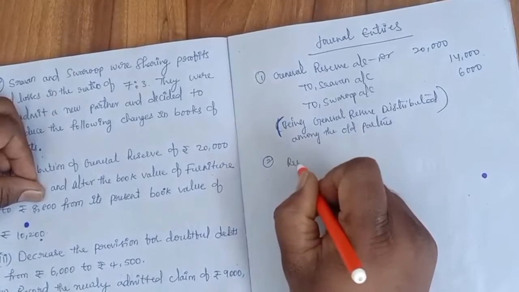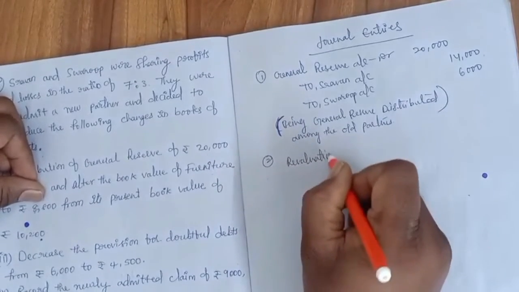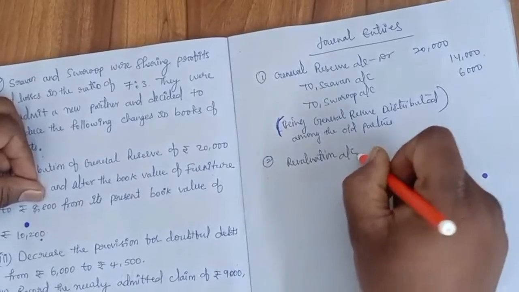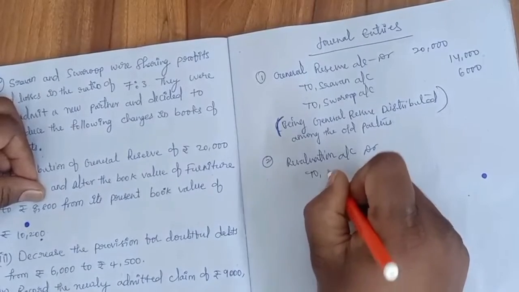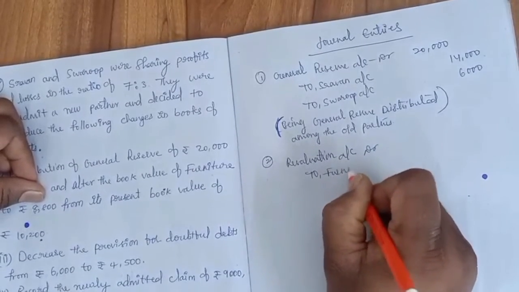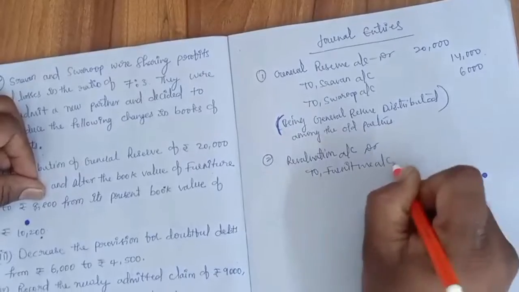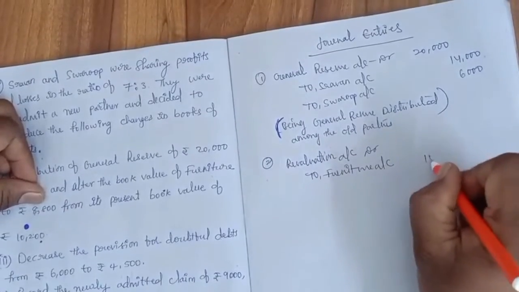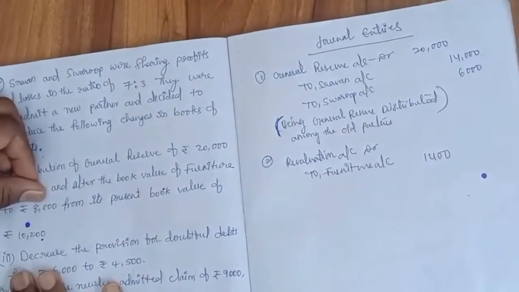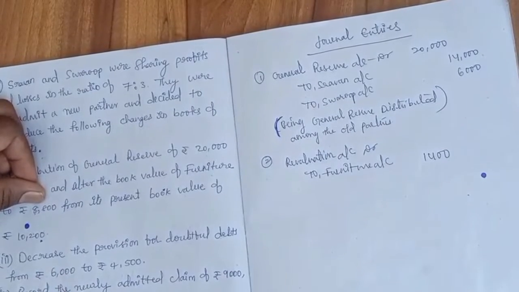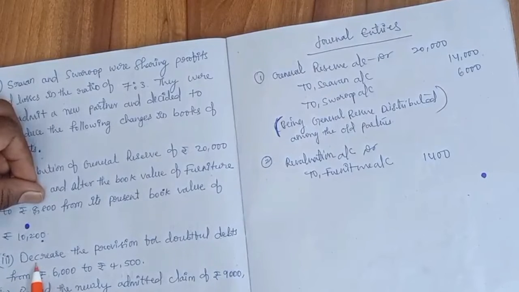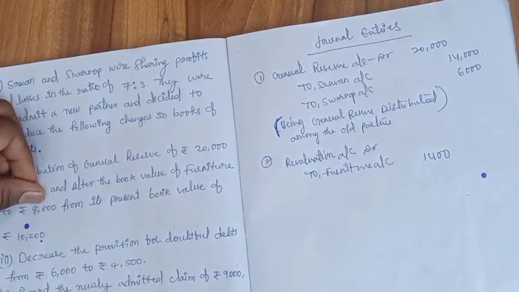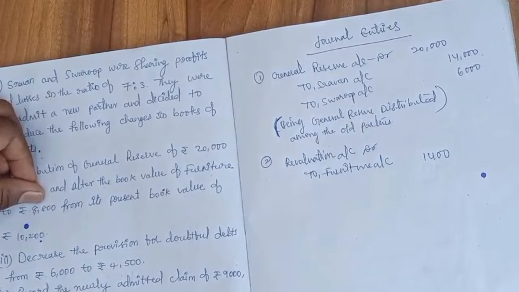So the second entry is revaluation account DR to furniture account. How much is it? 1,400. Right. The next one is, here you can see, record the newly admitted claim of 9,000 payable to employees as bonus.